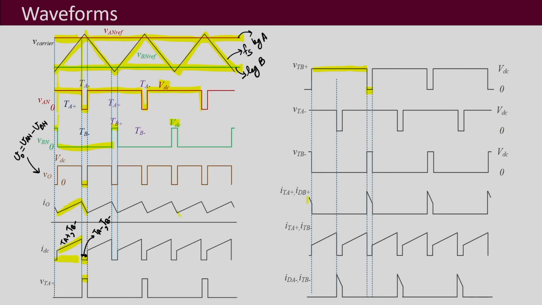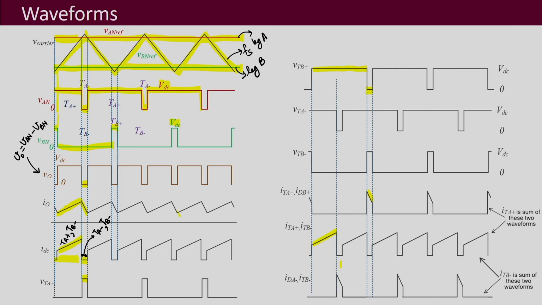Whenever the upper two switches are on, the current ITA plus and IDB plus, through the diode of TB plus and through the IGBT TA plus, will be equal to the load current IO, otherwise it will be 0. And whenever the switching combination is TA plus and TB minus, the current will be equal to the load current through ITA plus and ITB minus.